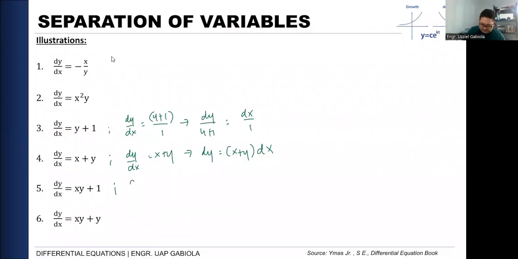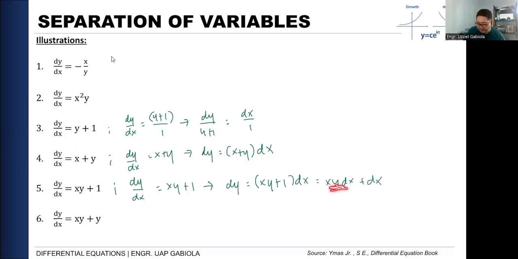So dy over dx is equals to xy plus 1. When we try to cross multiply yung dx, so xy plus 1 dx. Okay? And simplify natin, this will be xy dx plus dx. Makikita natin, ando na naman siya, naka-product na naman siya.